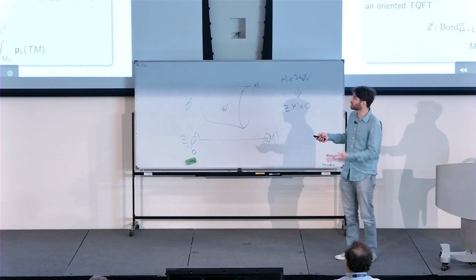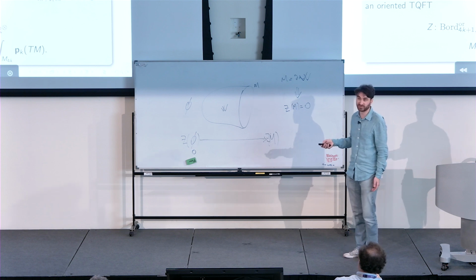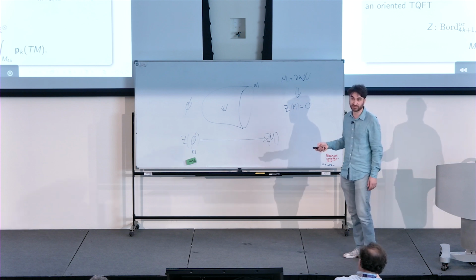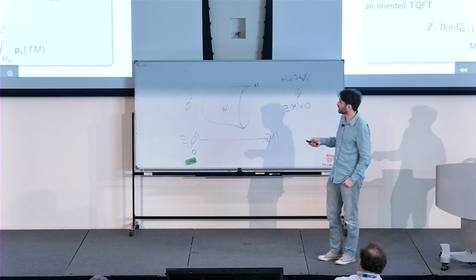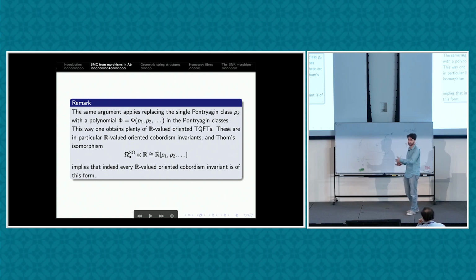So all this summarizes the fact that these are cobordism invariants, a classical theorem about cobordism. And what I did here with a single class can of course be done with any polynomial in Pontryagin classes. And actually, every cobordism invariant with real values is obtained this way. So in a sense, every cobordism invariant with real values comes from a TQFT with this funny target, which is just the real numbers with their additive structure.